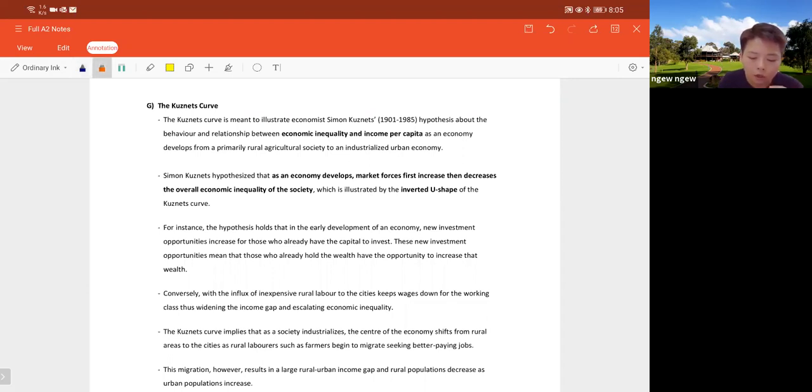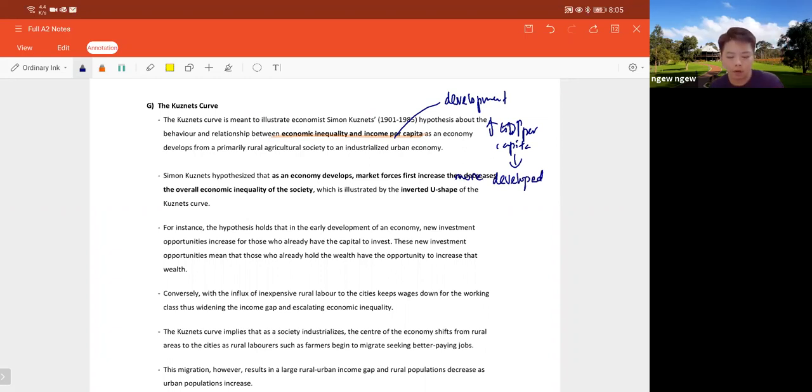Basically, Kuznets curve shows you the relationship between economic inequality and income per capita. As we all know, income per capita shows how developed your country is. The higher the GDP per capita, like just now, we said the more developed the country.